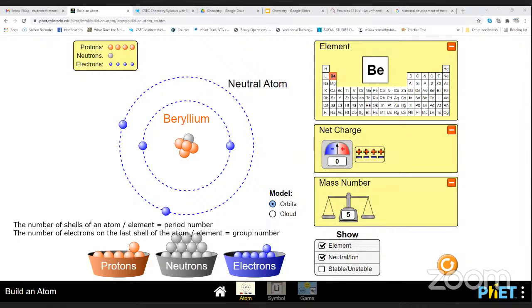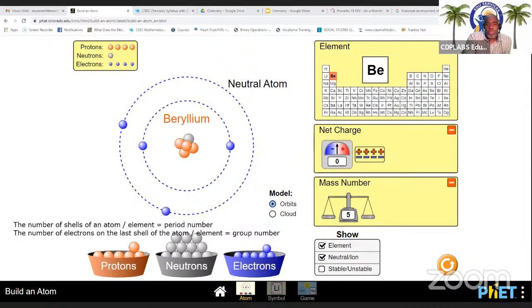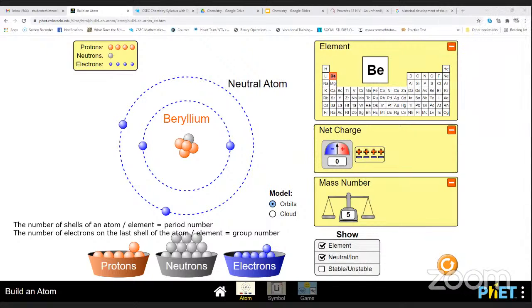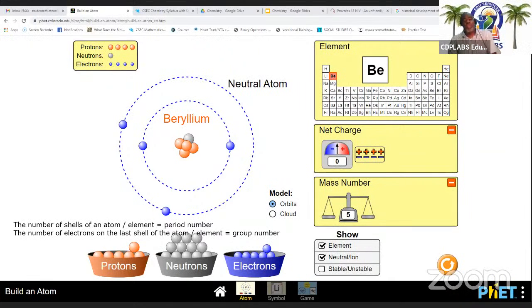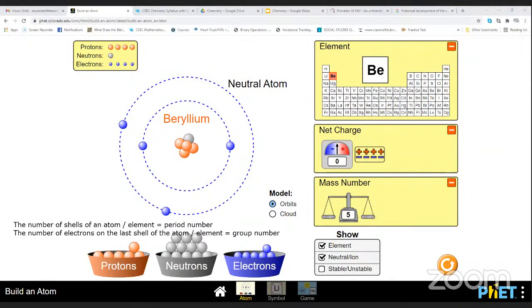Beryllium. So you have 4 electrons here. The period number of beryllium. 2. Good.